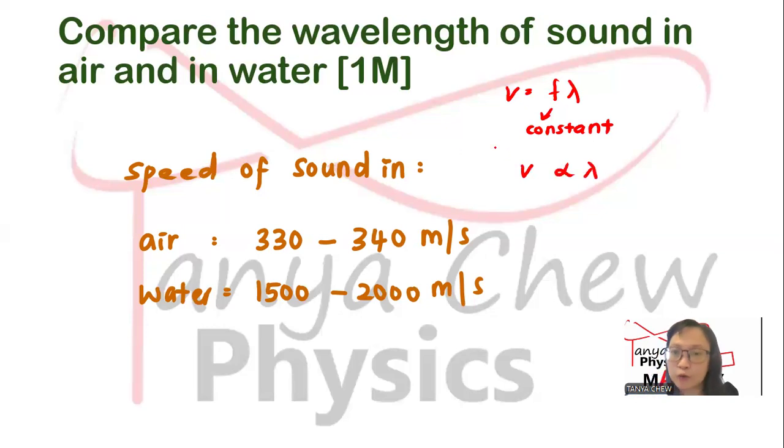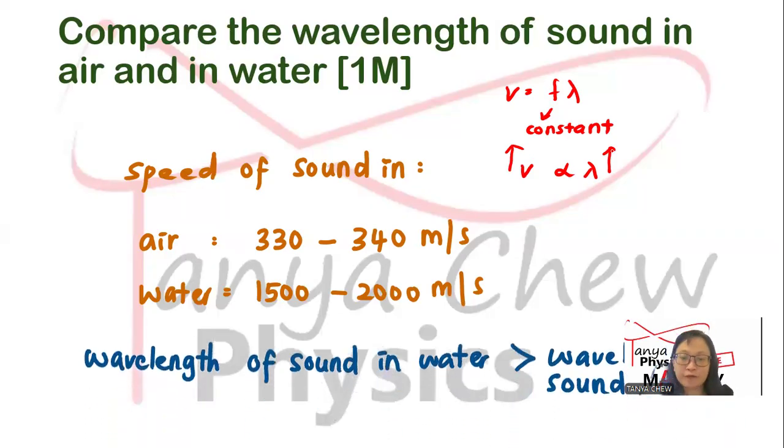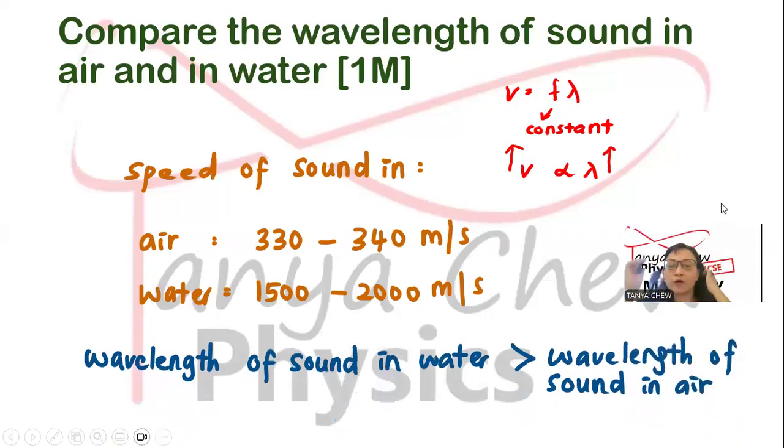The speed is directly proportional to the wavelength, which means that when the speed is larger, the wavelength is also longer. Since the speed of sound in water is larger compared to the speed of sound in air, I would say that the wavelength of the sound in water is larger than the wavelength of sound in air. That is how you're supposed to compare.